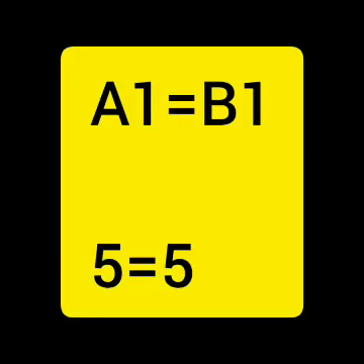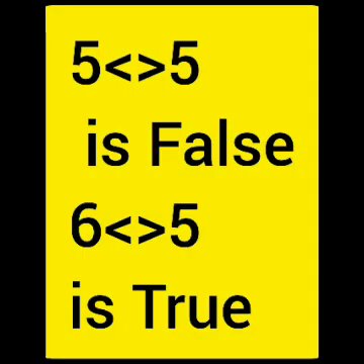Then equal to symbol is used to check whether the first number is equal to second number. Then next symbol is not equal to symbol. It is represented using a less than symbol and a greater than symbol. So this operator checks whether the first number is not equal to the second number. If both the numbers are different, then this operator will give the result as true.